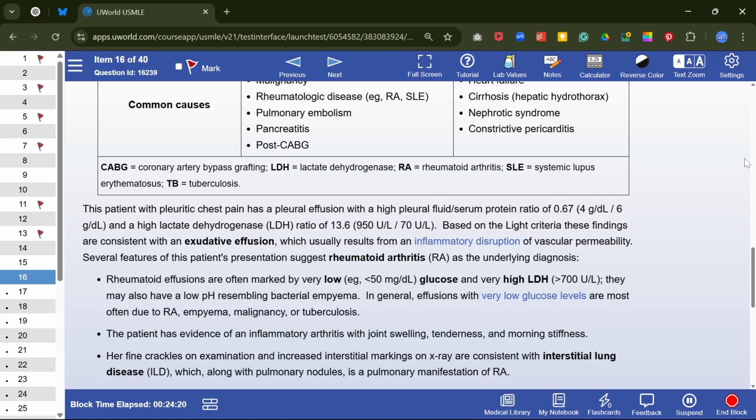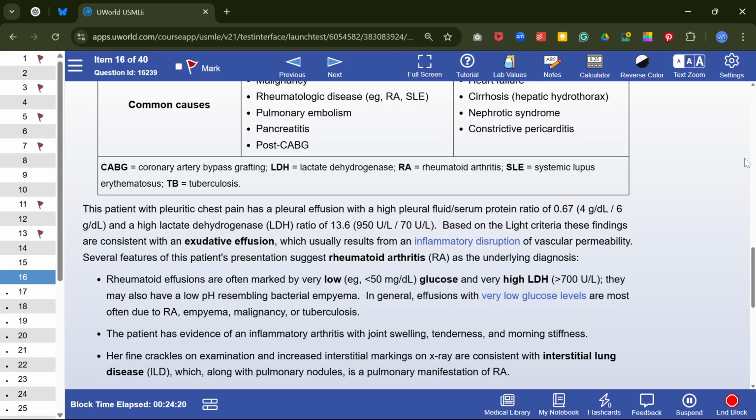Rheumatoid effusion is often marked by very low glucose, less than 50, and high LDH. They may also have low pH, resembling bacterial empyema. In general, effusions with very low glucose are most often due to RA, empyema, malignancy, and TB.